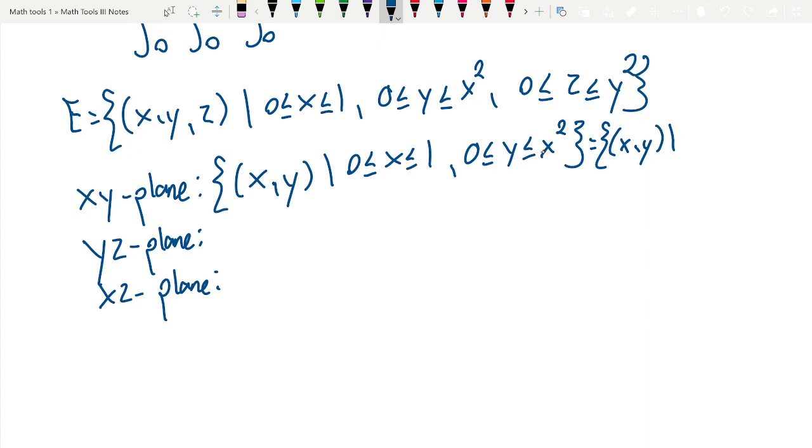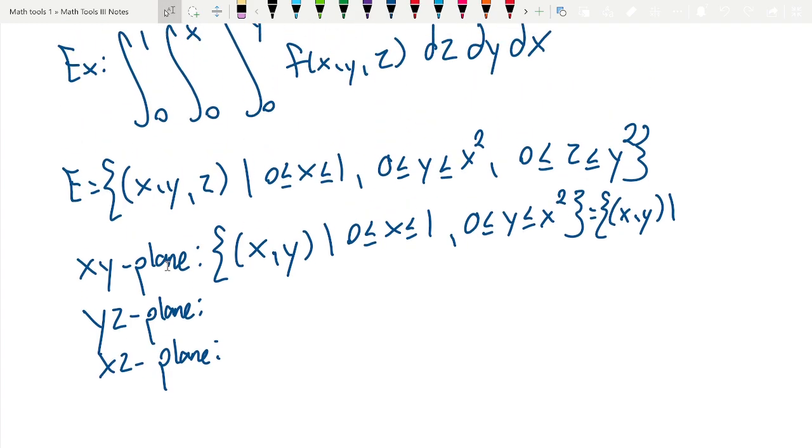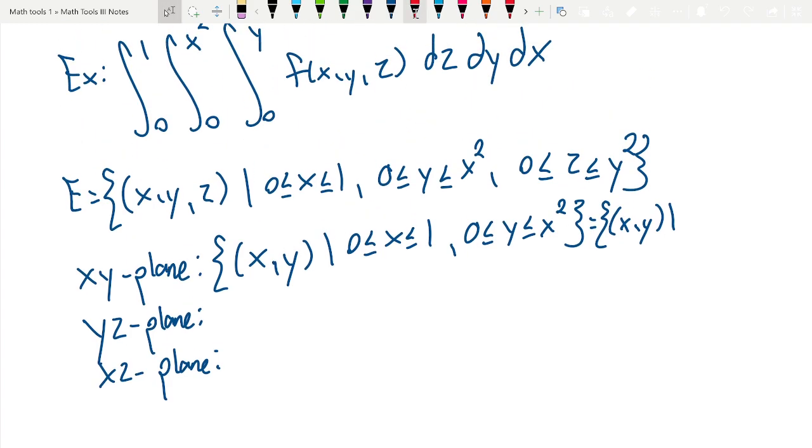X being between the square root of y and 1, which is what it was bounded by before, right? So in other words, you could kind of draw this one out as we normally would. We'd say, okay, we have y between 0 and x squared, x between 0 and 1.